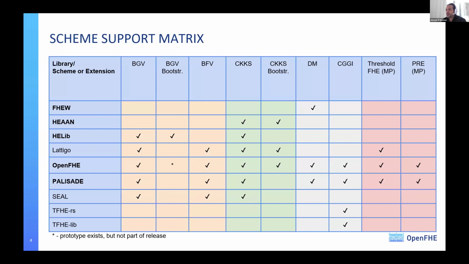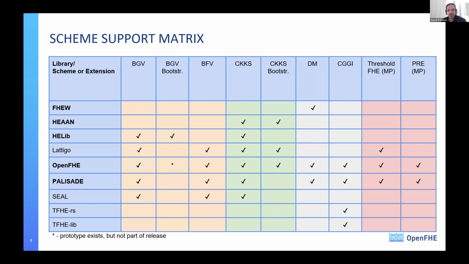Here we have the support matrix that shows multiple existing libraries in the literature and the supported schemes. What I want to highlight is that in OpenFHE, we include implementations of almost all the main FHE schemes. By main, I mean cryptographically secure, efficient, and widely adopted by the community.